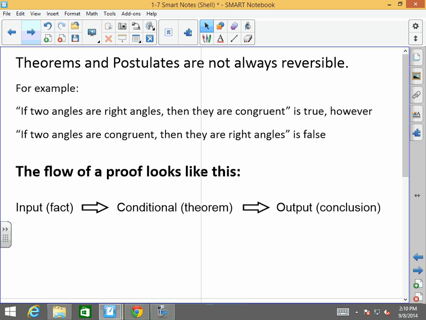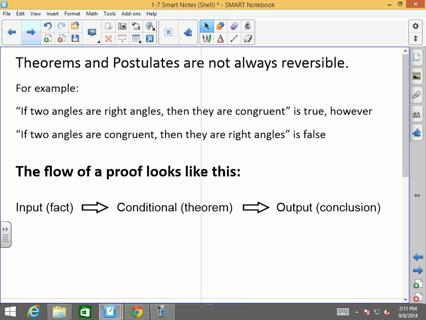No. I can have two angles that are each 30 degrees. They're not right angles. I can have two angles that are each 145 degrees and 20 minutes. They're both congruent, but they're not right angles. So you've got to be really careful with what you can flip, or what you can actually converse, because you cannot always have a converse for theorems and postulates. Sometimes it works out. But for the most part, remember that definitions are the ones that can always be reversed.